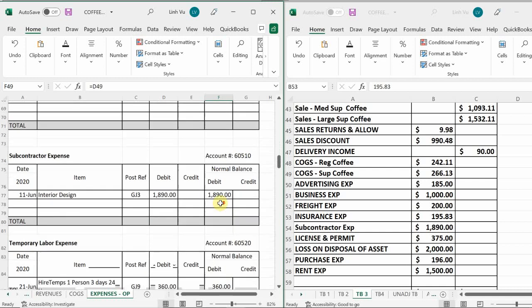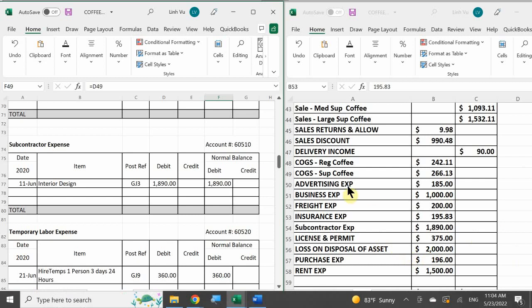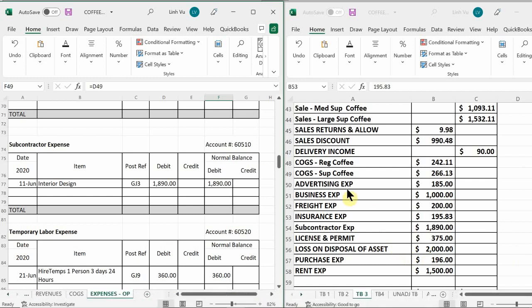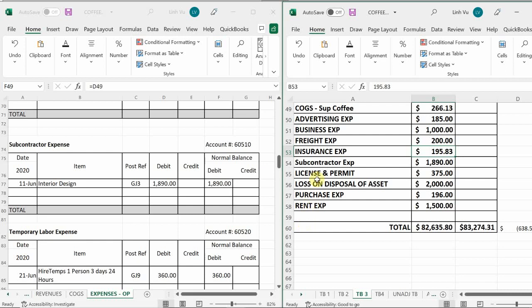Labor expense, what do I have? Subcontractor expense, 1,890. That's the same.